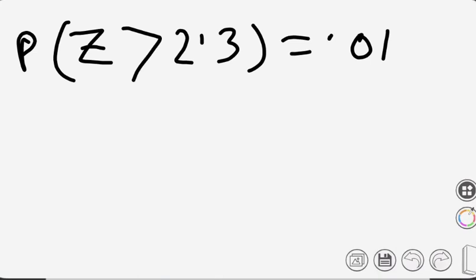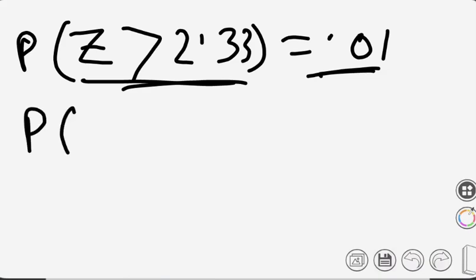Can you see that? 4901 is also there, take that one. 2.33, can you see in the table? Yes, sir. 0.4901 is given. So we take that as 0.49. So that means the value of z is 2.33.